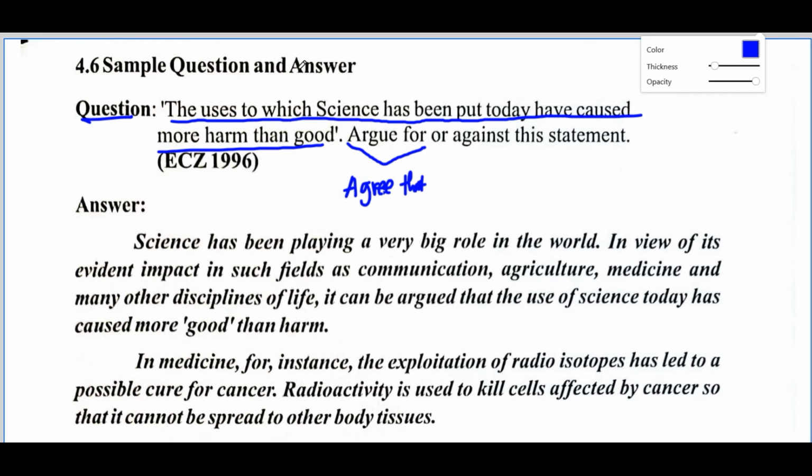So you are supporting that science has brought more harm compared to good. Now, what if you argue against? To argue against simply means you disagree. You are not in support. So now, how can you disagree? You disagree by giving points that will convince someone to say, okay, what this person is saying is true. Now, if we agree or disagree, which side are we going to take?